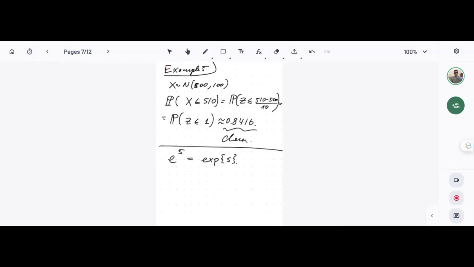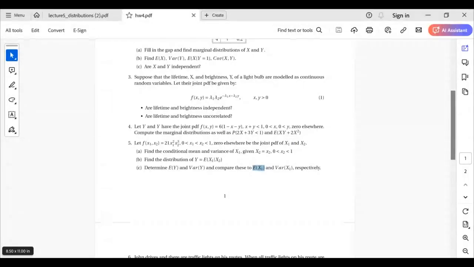Okay, let me try to clarify. Homework 4, question 3. Can you see my screen, Timur?